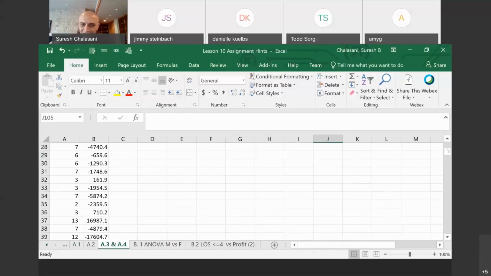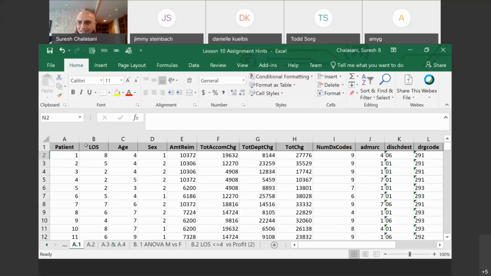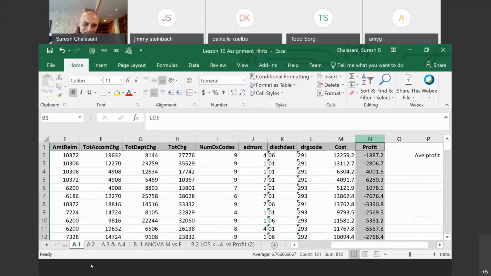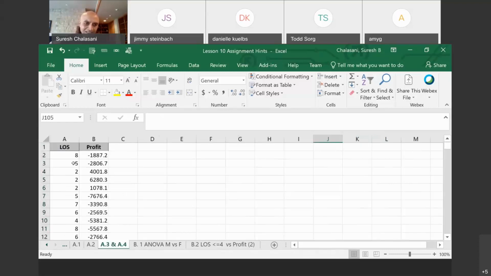A3 and A4 is where I got the LOS and profit onto a separate sheet. I simply copied the LOS and then I also copied the profit from this sheet and then pasted them into this A3 and A4 spreadsheet.